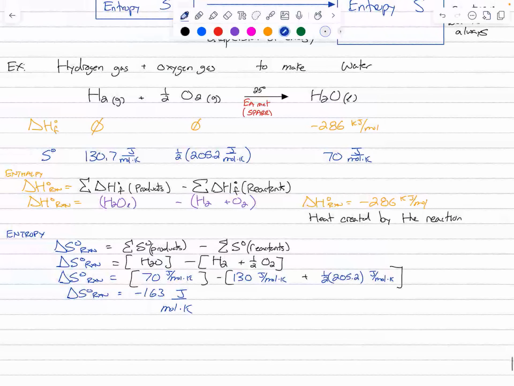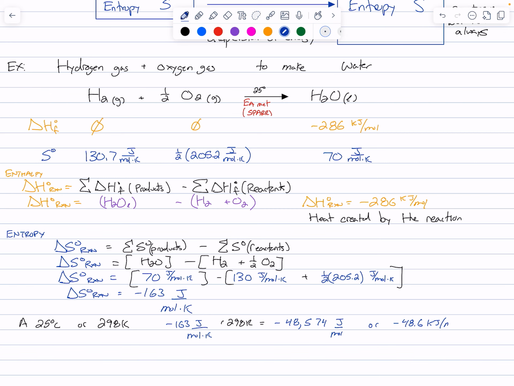Now, at 25 degrees Celsius, or 298 Kelvin, negative 163 joules per mole Kelvin multiplied by 298 Kelvin would be negative 48,574 joules per mole, or negative 48.6 kilojoules per mole.